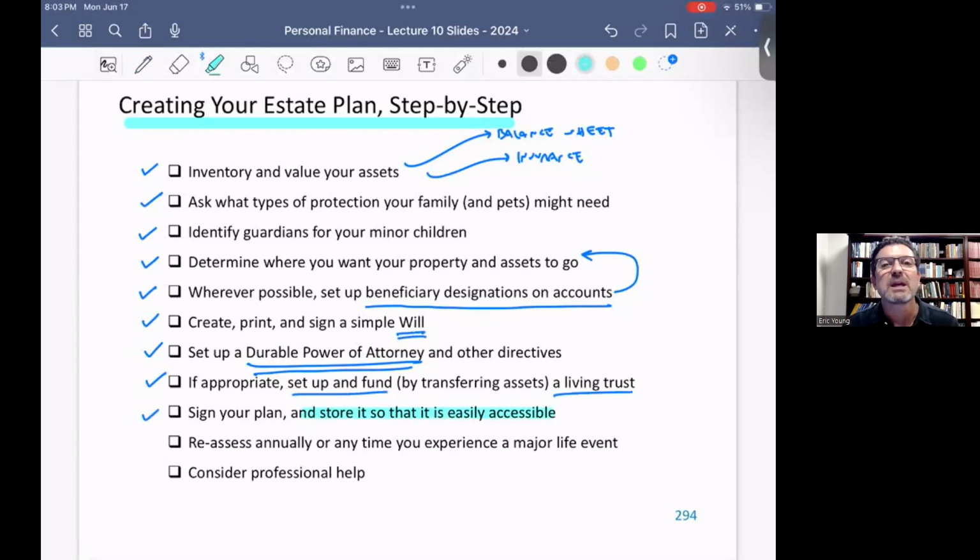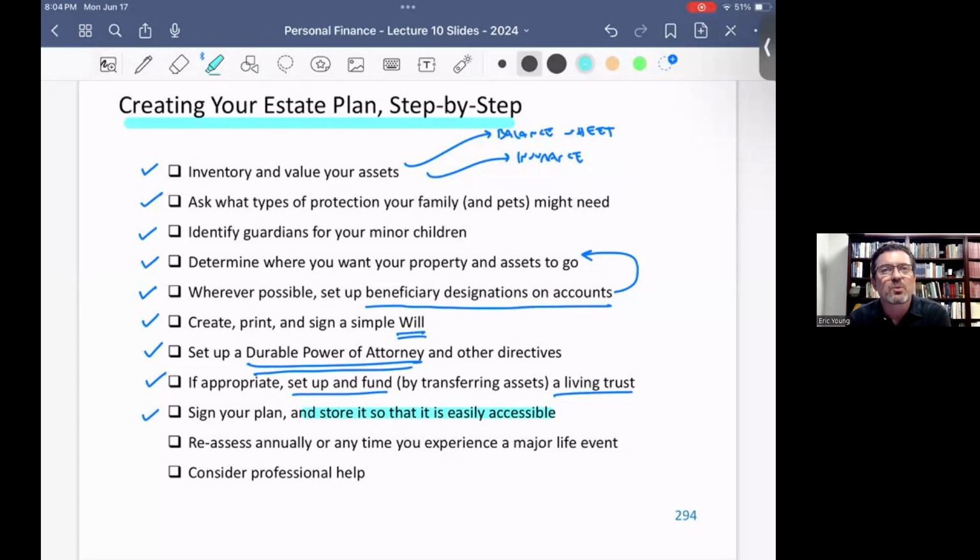You oftentimes hear people talking about keeping their will in a safe or in a safe deposit box. You might not want to do that. Think about this. If my will is in my safe deposit box, when I die, my safe deposit box is frozen. My executor needs my will to prove to the court that I want my executor to have access to my bank account.